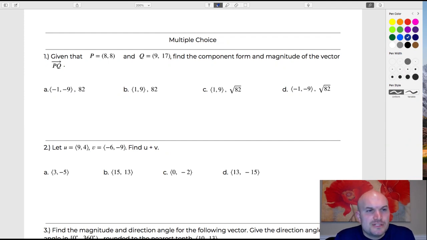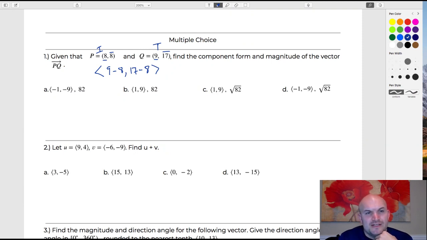All right. So given that initial point P (8, 8) and Q (9, 17), find the component form of the vector P to Q. So basically, in this case, I'm going to subtract my components: 9 minus 8 and 17 minus 8. All right, so here is my initial, here is my terminal. So you're always subtracting initial from terminal, and it's always first components, second components.